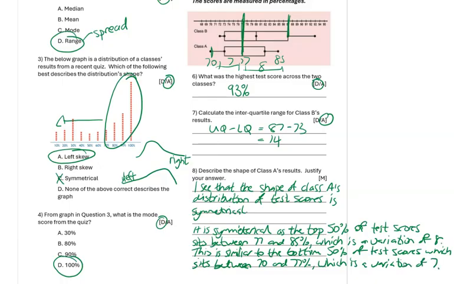So there's really good evidence, a really good way to justify using the top and bottom 50%. So if you told me it was symmetrical, that's how we gave you an achieve mark. If you were then able to justify it with some kind of reference to numbers, that's how you're able to get that full merit mark.